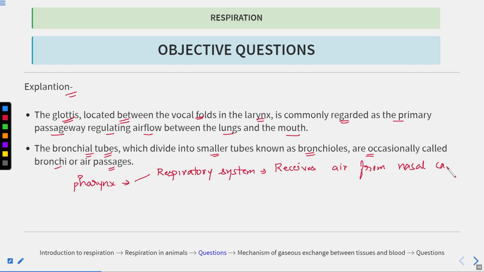And it also has a digestive function, or a role in the digestive system.